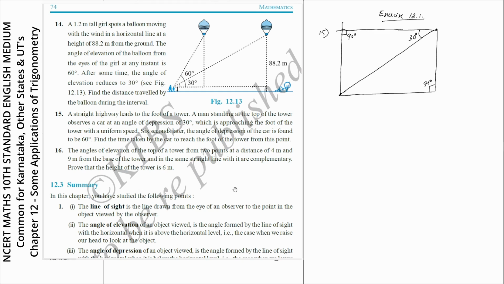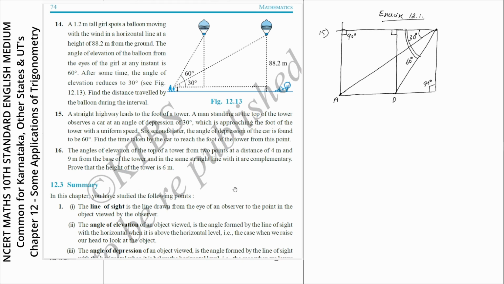Now the car, from this point, I'll say point A. When the car was at point A, the angle of depression was 30 degrees, and the car now moves to another point, let us say point D. When the car moves to point D, the angle of depression was found to be 60 degrees. That means this angle is equal to 60 degrees. Now I'll draw a perpendicular from point D to the horizontal line above.